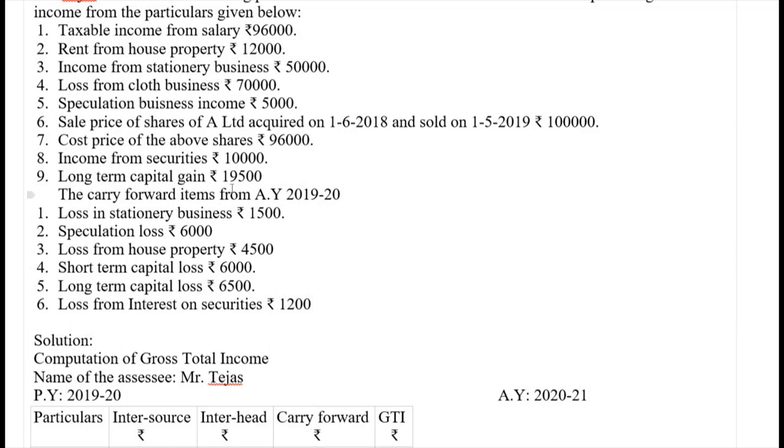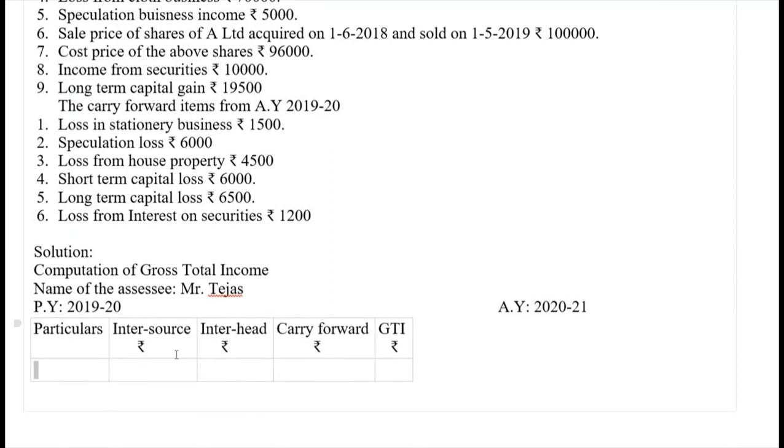Still there will be 13,000, against which short-term capital gain can also be adjusted. Then income from securities is 10,000, whereas we got a loss from interest on securities. Usually we don't have a loss, but we need to subtract it. So now let's start.